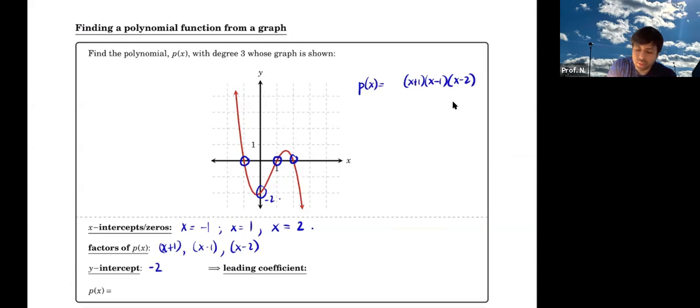The only problem now is that there's some value, the leading coefficient, I don't know. Why don't I know this? I don't know the leading coefficient because of my y-intercept. What do I know? I know that my y-intercept is negative 2. So that means that when I plug in 0 into my function, what should I get?